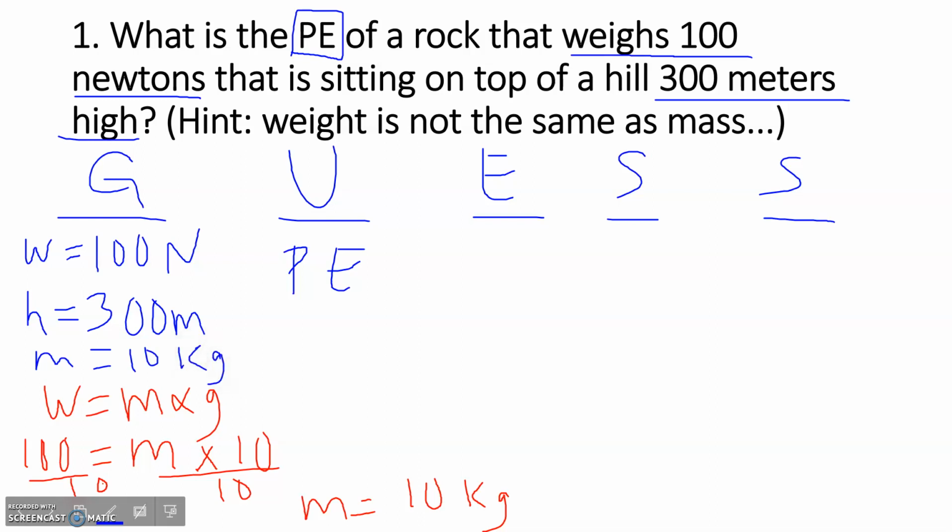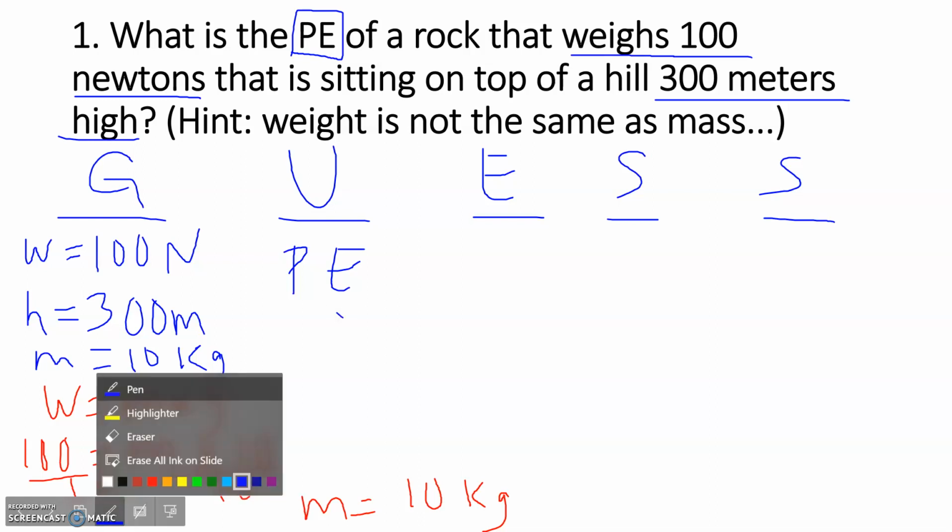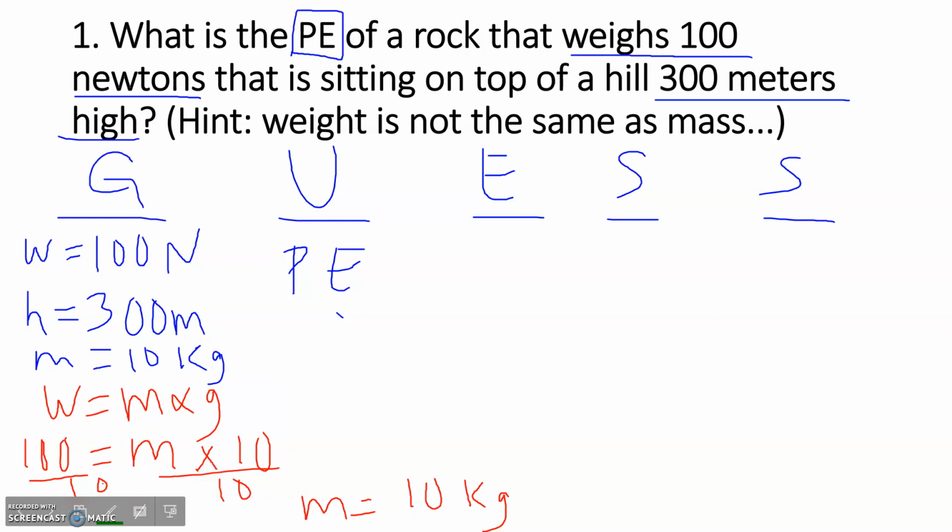All right, so again, we're looking for potential energy. We have an equation for potential energy, remember? So we have potential energy equals mass times gravity times height. Now let's substitute. So we should have potential energy equals, well, the mass we said was 10, times the gravity, we'll be using 10, and then the height was 300.